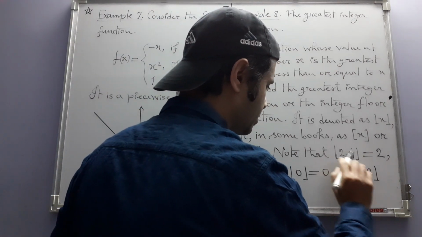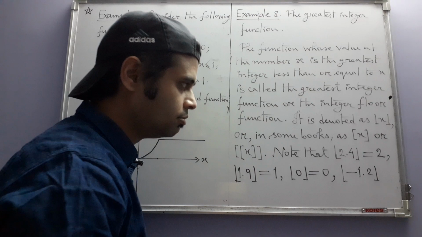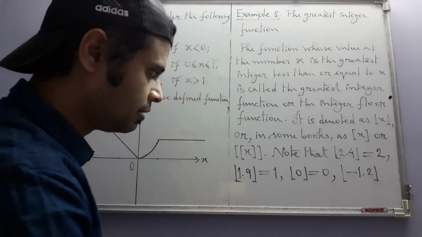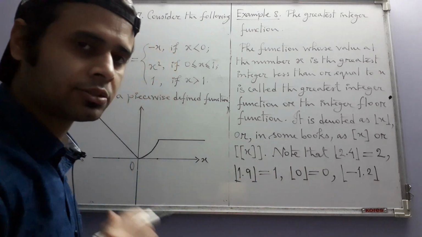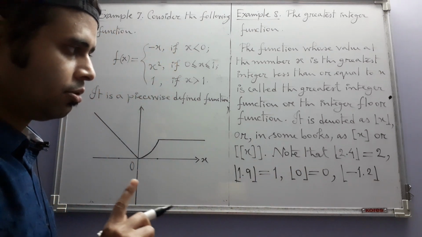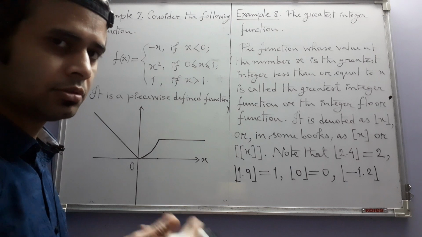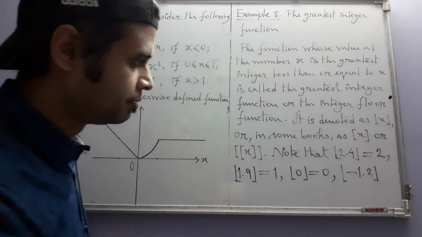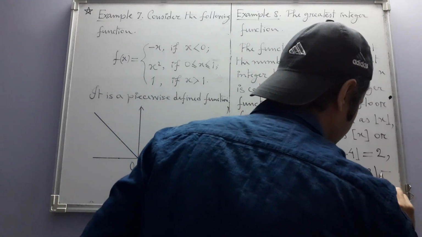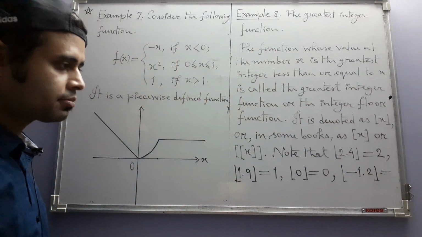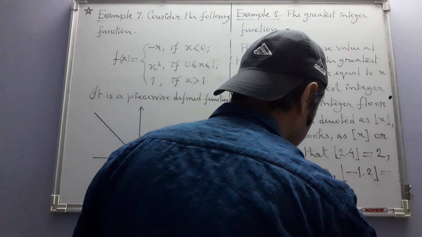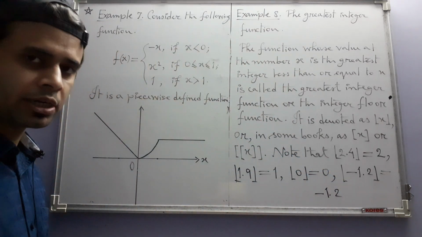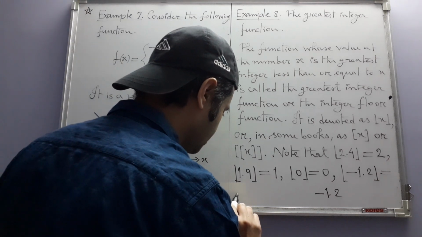For example, here you have 2.4, you get 2, forgetting about 0.4. Here 1.9, you have 1. Here you don't have any fractional part, so you have 0. But don't make such simple rules just from these three observations, because that is wrong. This value is not -1. Think of the situation: what are the integers less than minus 1.2? There are many.